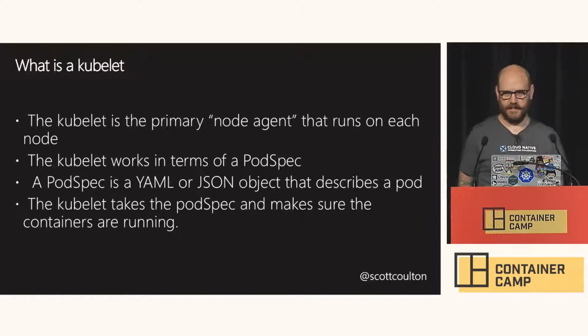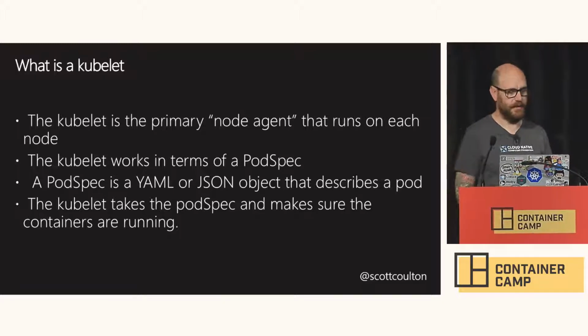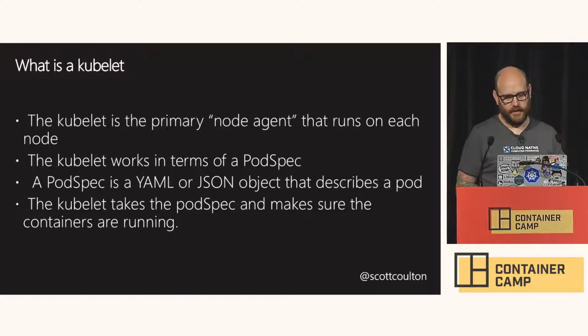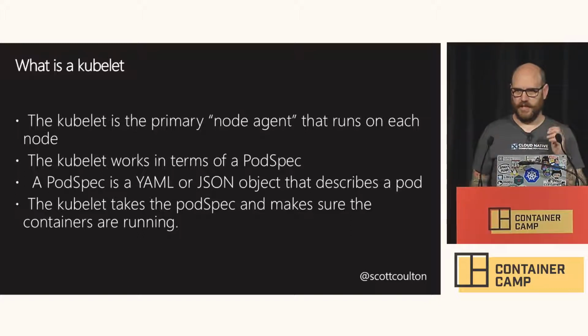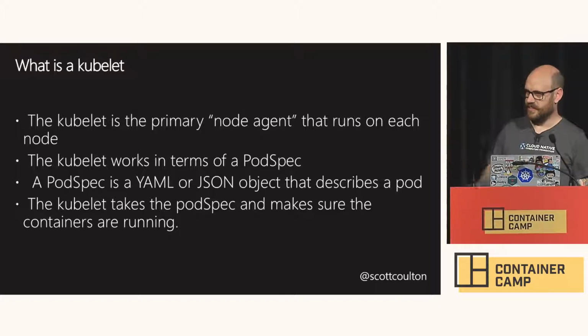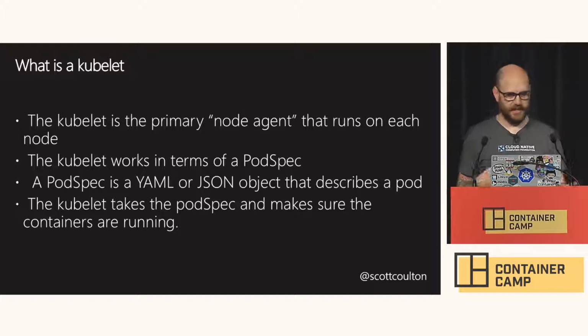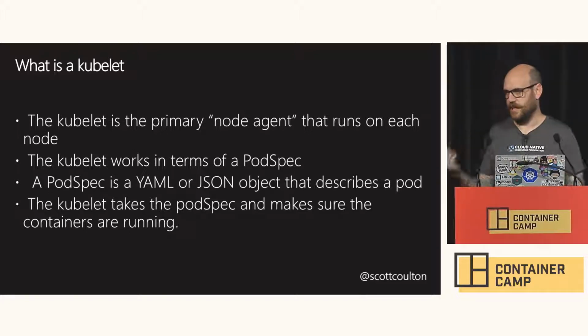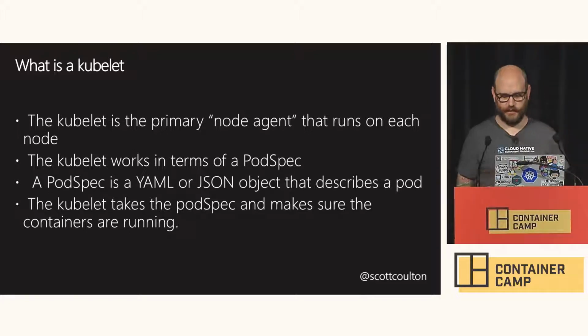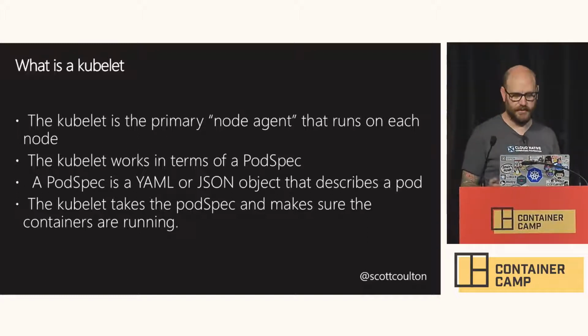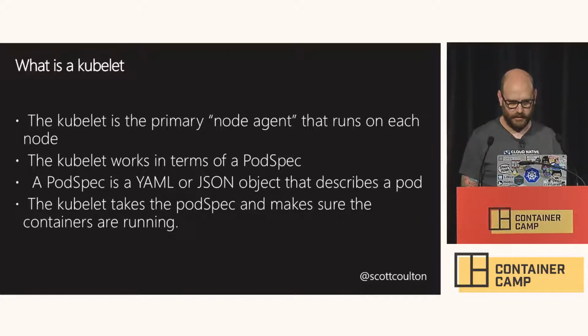It's very binary. Is it running? Yes, awesome. Is it not running? I'll report that back. So when you have your YAML and its type is pod and you put all the stuff in it, like all your container environment and everything, that gets passed down through the scheduler, that goes to the kubelet, and the kubelet's in charge of making sure that that's running and reporting on it.